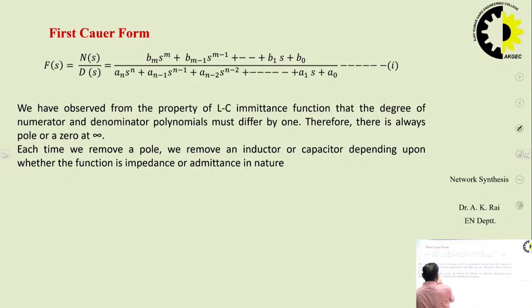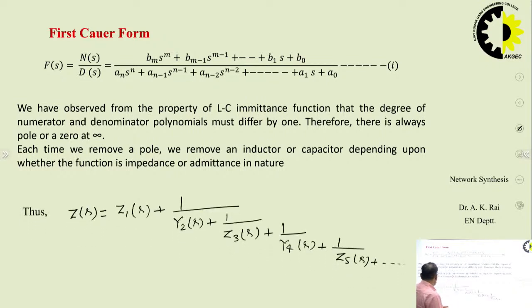So each time we remove a pole, remove an inductor or capacitor, depending upon whether the function is impedance or admittance. So if the ZS is given, if the impedance function is given, and you are required to find the Cauer first, just carry out the continued fraction expansion.